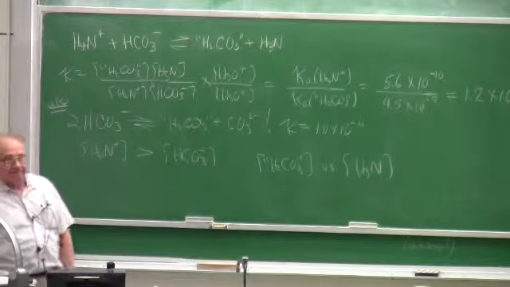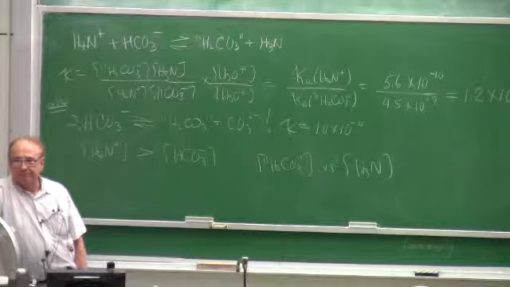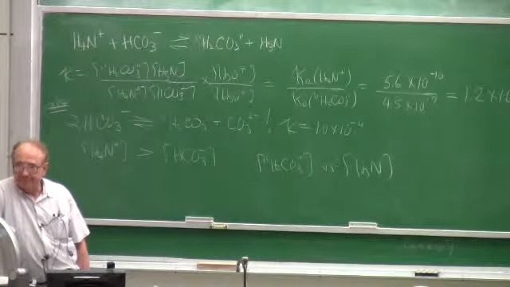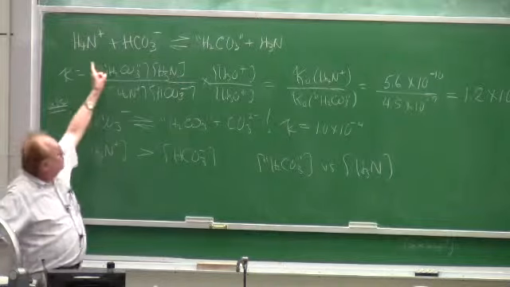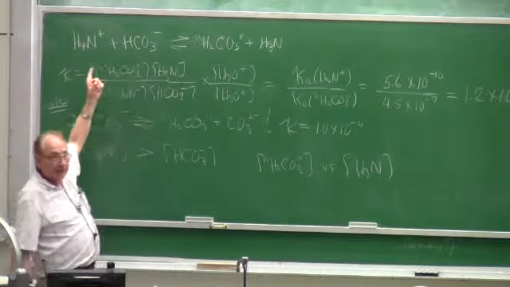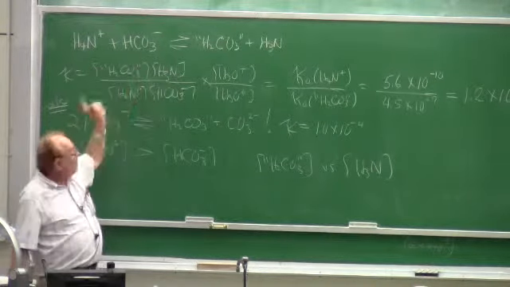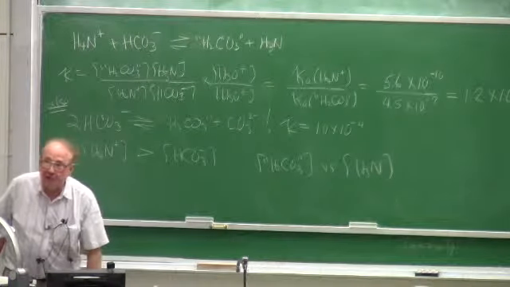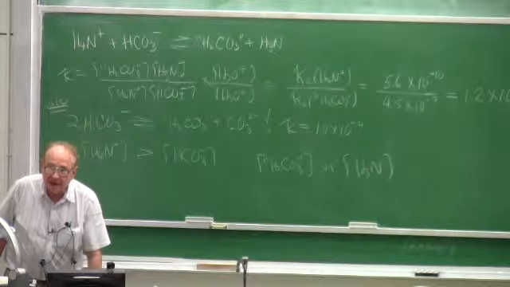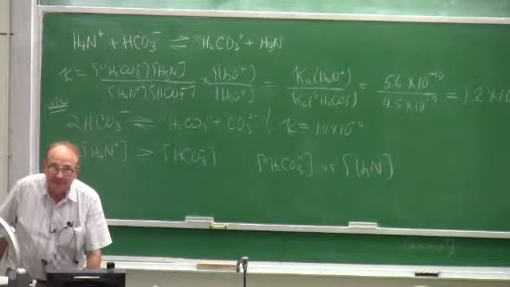In this system, ammonium ion in the main is being consumed by this reaction. Right? But in this system, two reactions are doing an effective job of consuming bicarb ions.